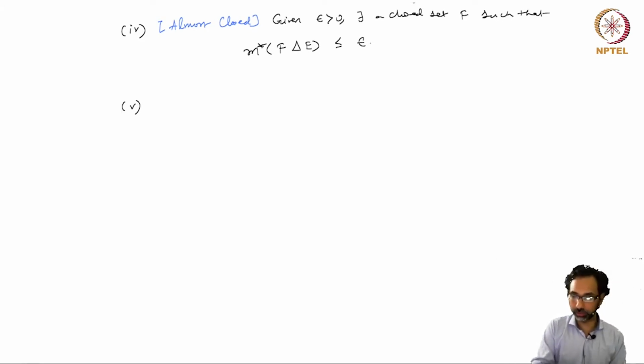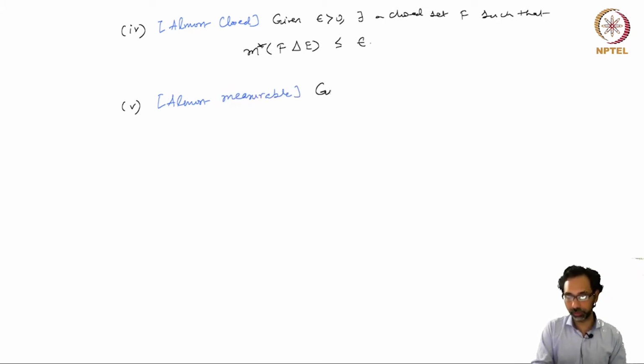And the fifth one is the almost measurable condition.